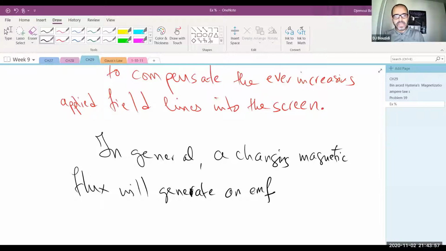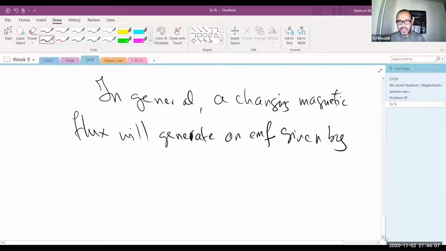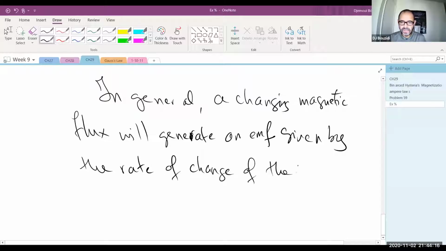So it will generate an EMF, first of all, given by the rate of change of the magnetic flux.